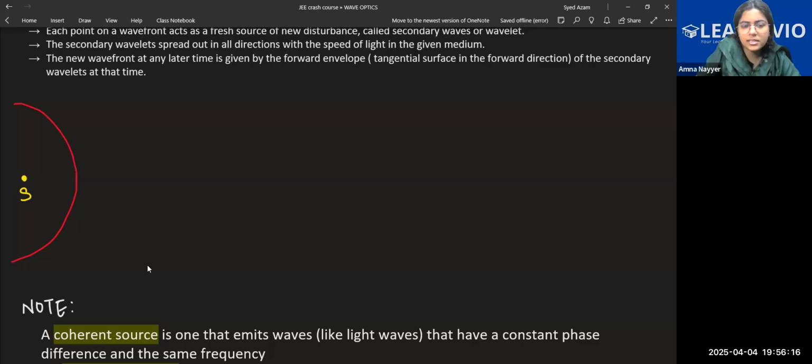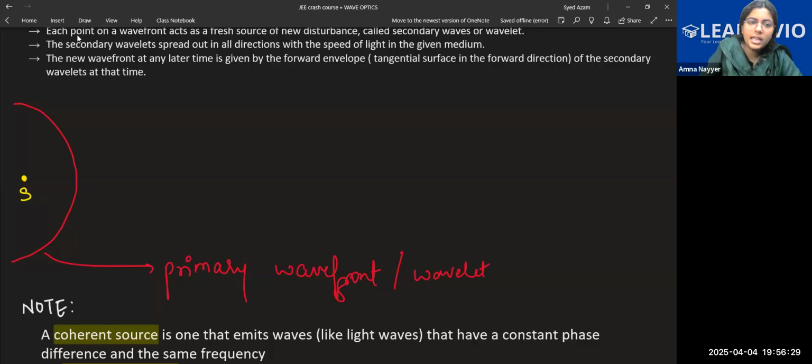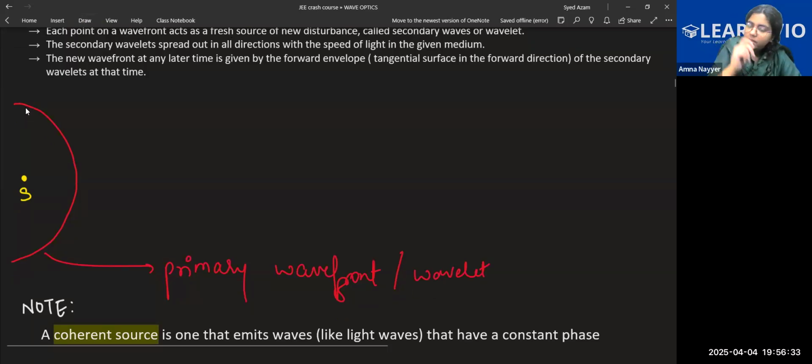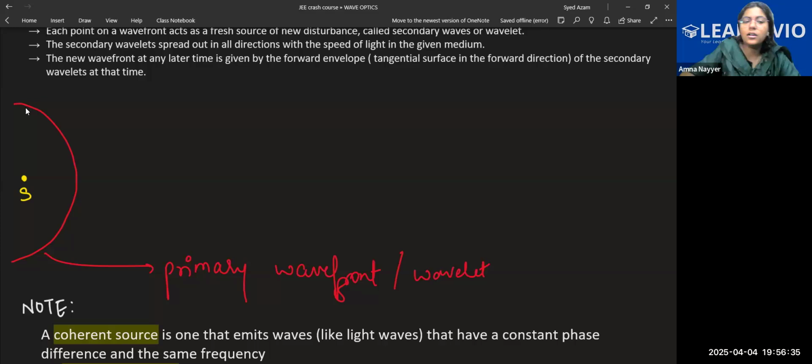What is this called? This is called a primary wavefront, or we also use the term primary wavelet for it. Now, what is Huygens' principle saying? That every point, see, we said initially that these are not just continuous curves or straight lines.